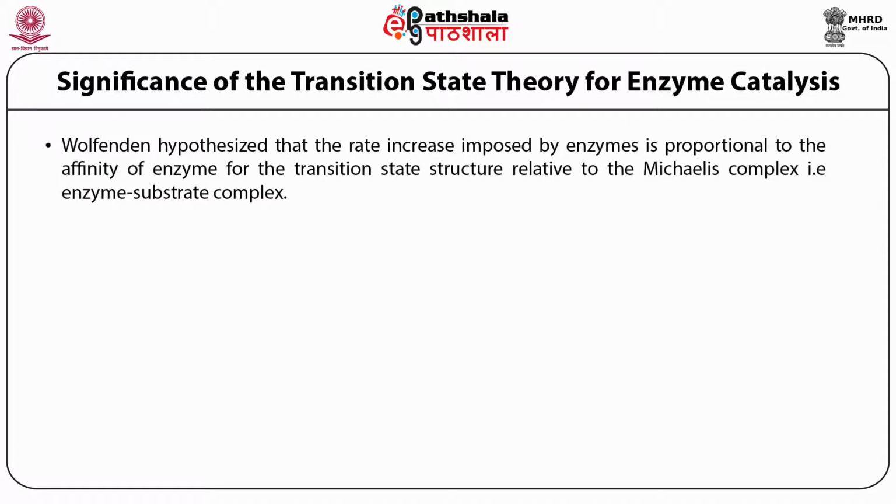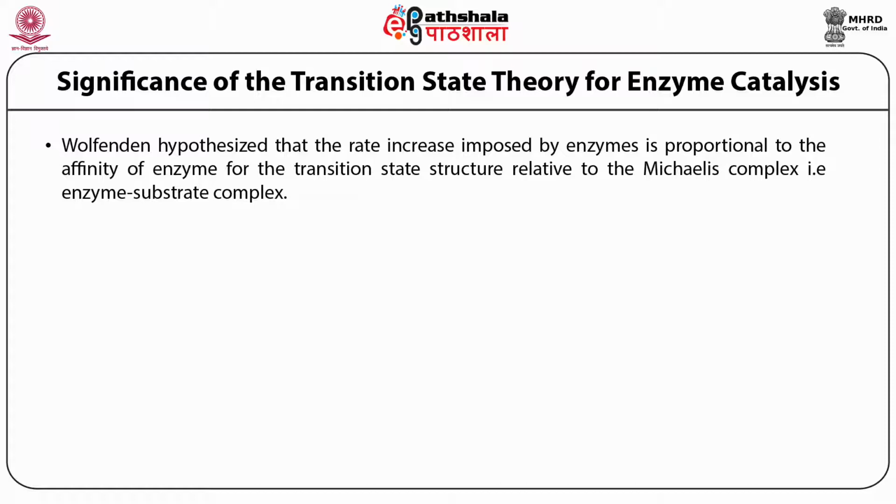Wolfenden hypothesized that the rate increase imposed by an enzyme is proportional to the affinity of the enzyme for the transition state structure relative to its Michaelis complex, that is, the enzyme-substrate complex.